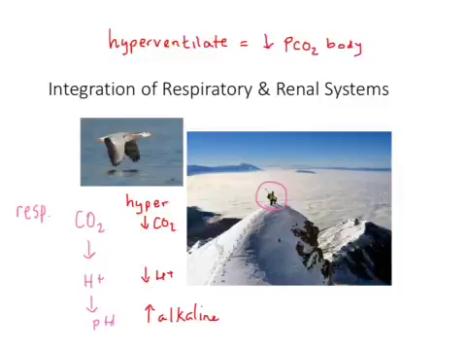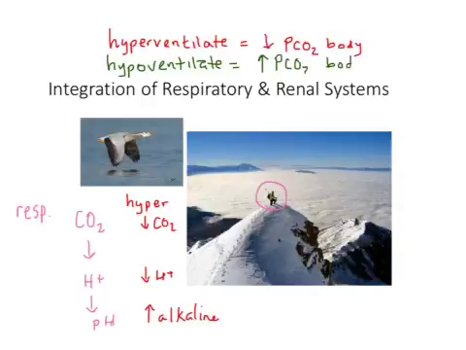Now, conversely, if we hypoventilate, and just think of holding your breath, if you are holding your breath, you're not eliminating CO2. So if we hypoventilate, and this can occur in the patient that's sick, we're going to increase the PCO2 in the body. Okay? And then we'd see with hypoventilation, these values here would all change.